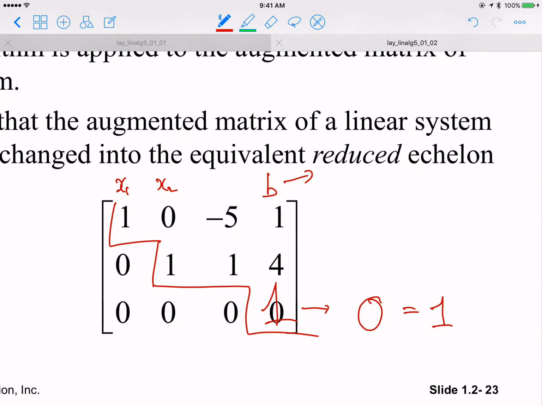Okay. And then the other case will be no pivots in the column of B, just like this.